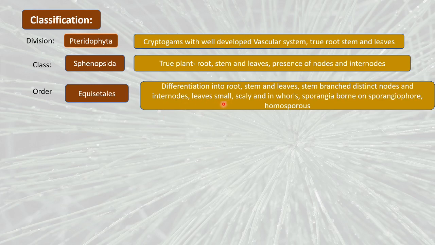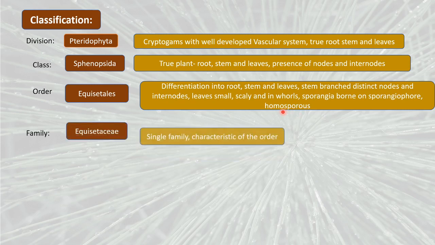Leaves are small, scaly and in whorls. There are sporangia present, borne on the sporangiophore, the structure that bears sporangia, and the spores are homosporous, that is all of the spores are of the same type.